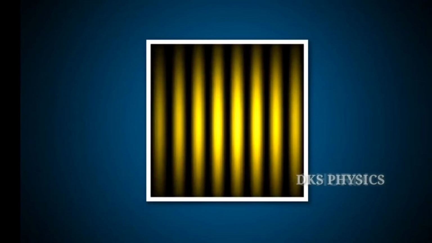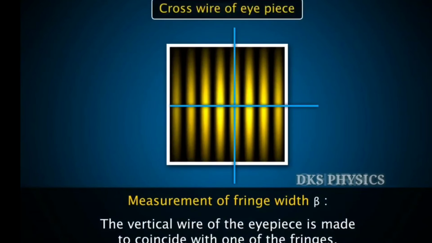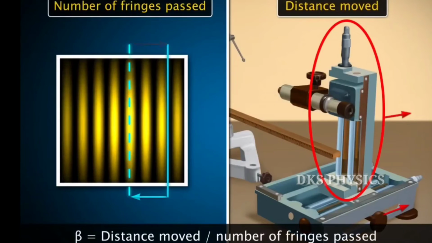Let's see how we can find the fringe width. To get beta, fringes are first observed in the field of view of the microscope. The vertical wire of the eyepiece is made to coincide with one of the fringes. The screw of the micrometer is moved sideways and the number of fringes is counted.